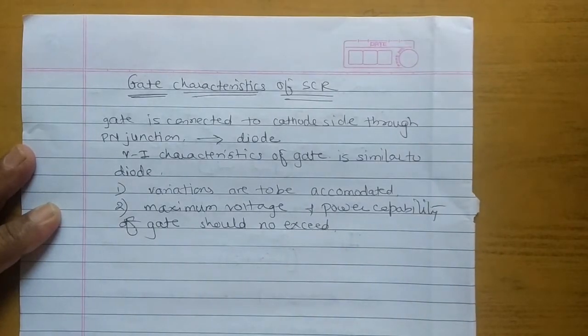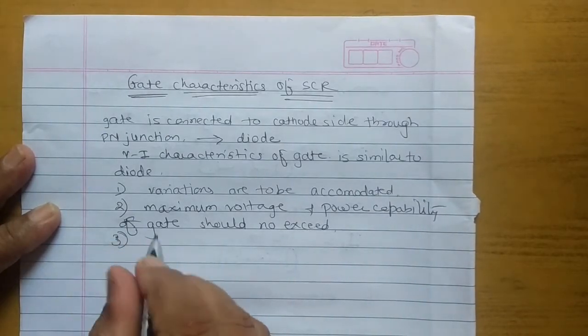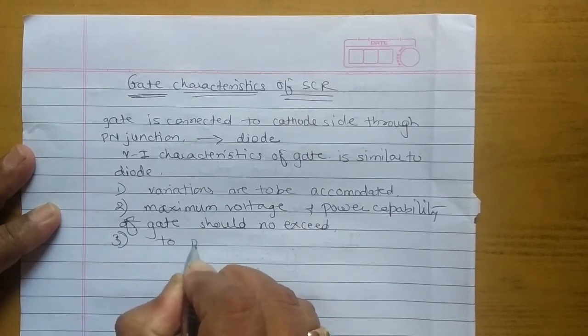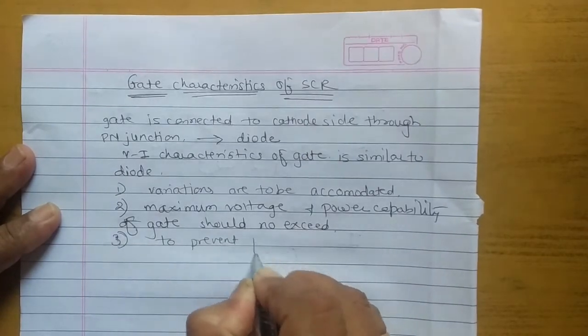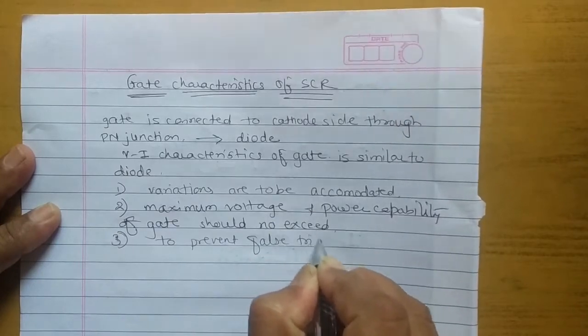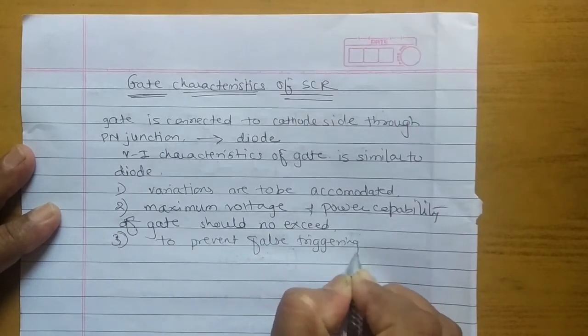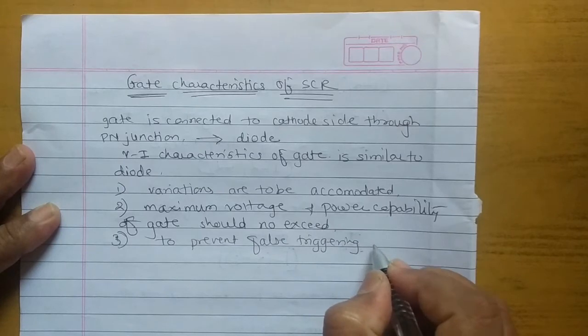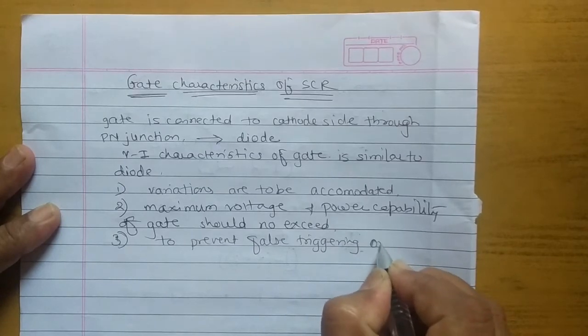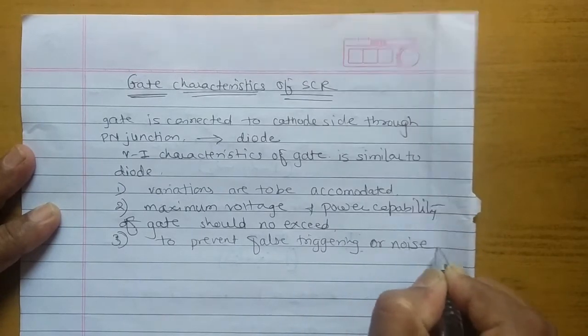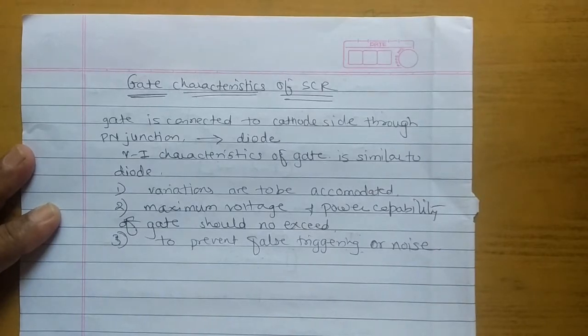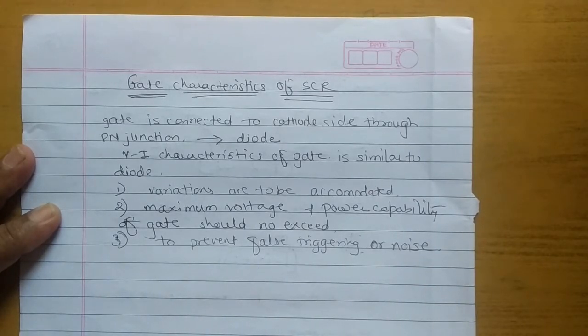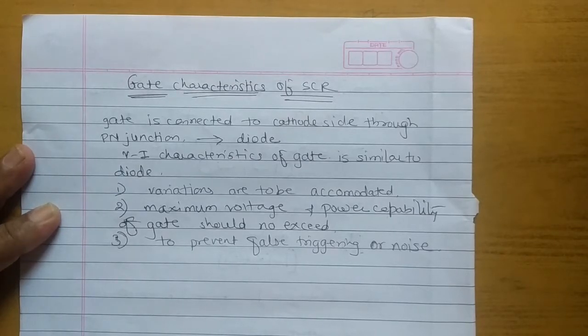See, this is the first thing that we have to take care of. Third thing, it is necessary to prevent false triggering, or we also have to avoid the noises. So these points we have to consider whenever we are designing the gate circuit.